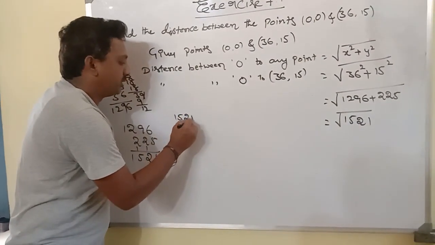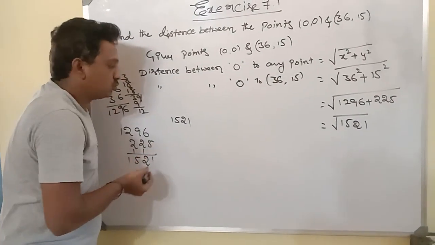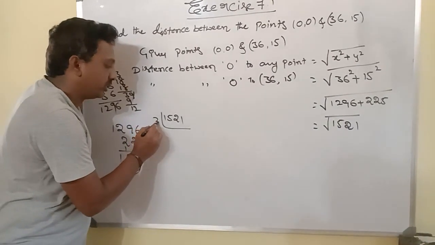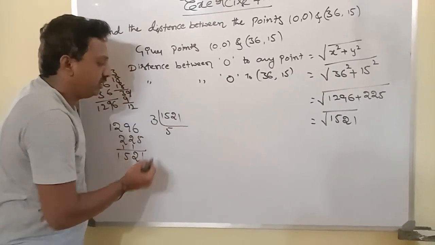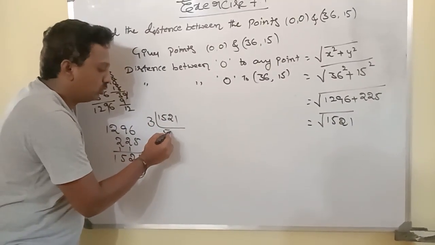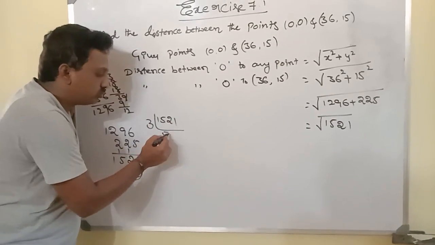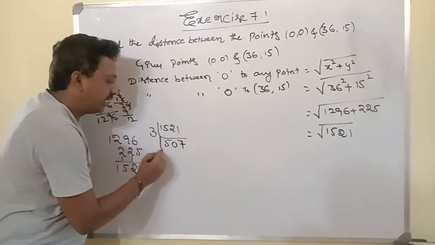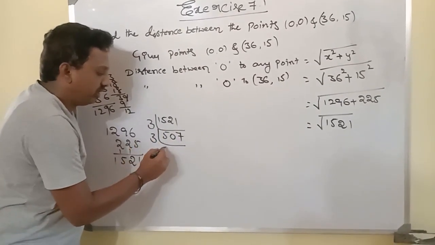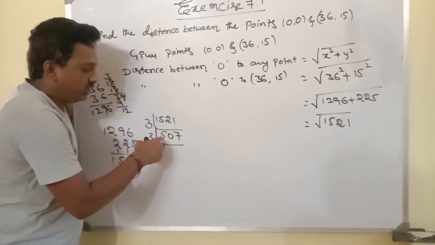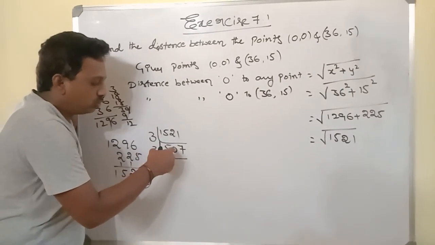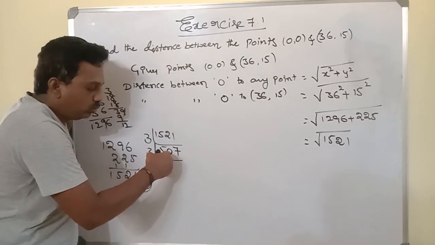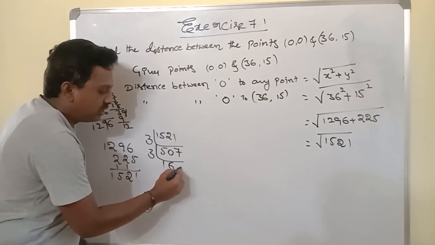Go to which table? This ends in 1, so the 3 table or 13 table. 3 5s are 15, it is not going. So take one more number, take the 0. 3 7s are 21. Again going to the 3 table, 3 1s are 3, so here it is 20. 3 6s are 18, 2 carrying, again 27, 3 9s.